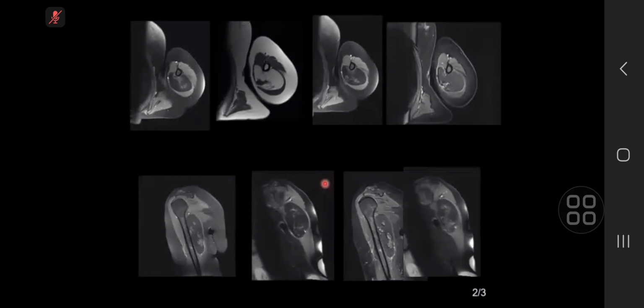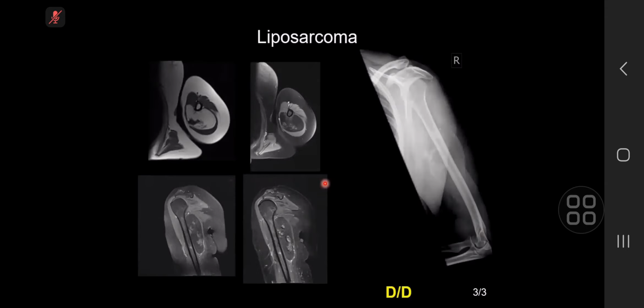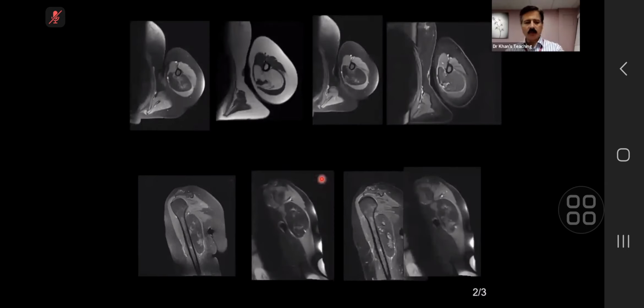So that suggests fat because it's inverted. It's the same signal as the subcutaneous fat, within which there are areas of low signal intensity, which probably represent the calcifications that we saw on the X-ray. I think this is also a lipoma. If there's pain, I would just be suspicious of sarcomatous transformation. Okay, you stop here.